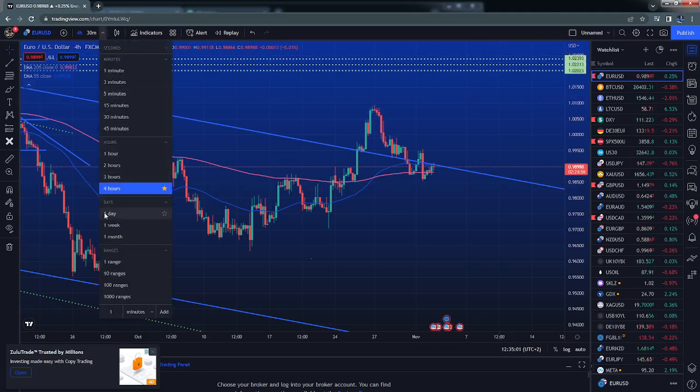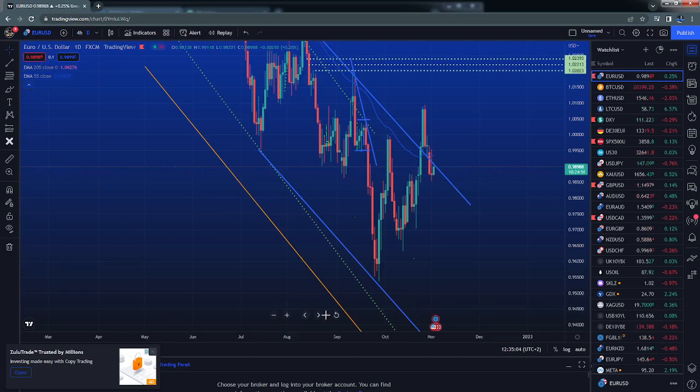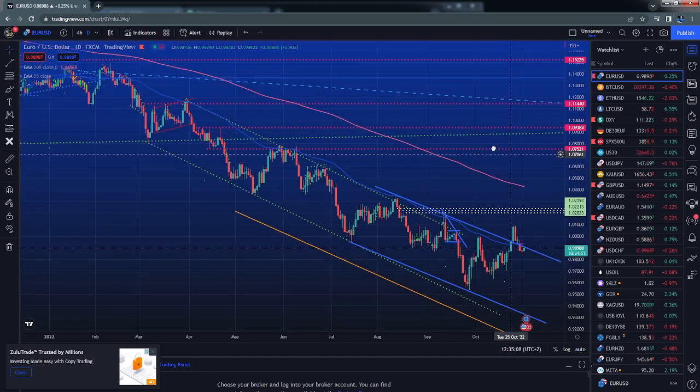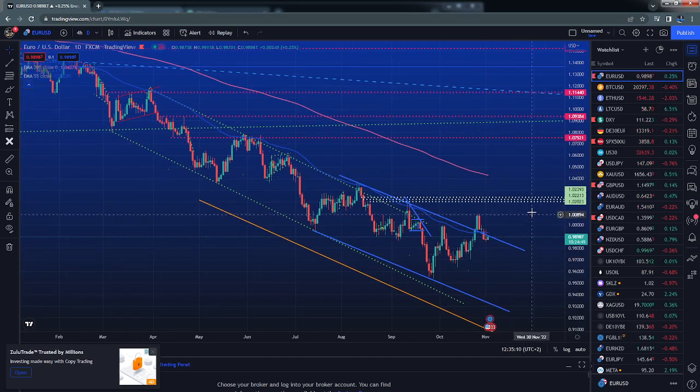Okay, let's see the daily chart. It is a little bit more clear, maybe, usually. So in case of a pivot, I told you we are going to trade at 102, and then we see.